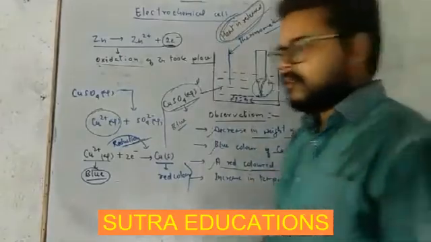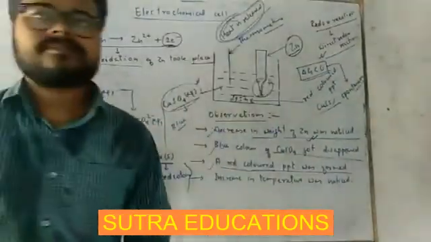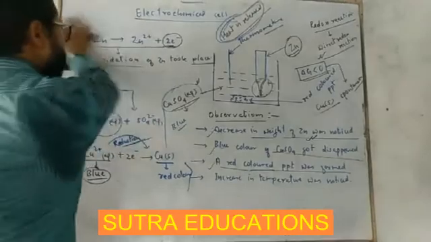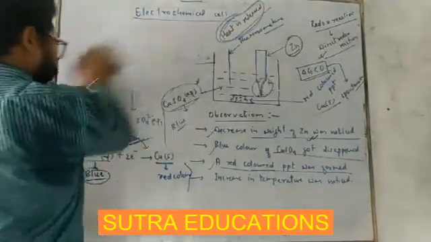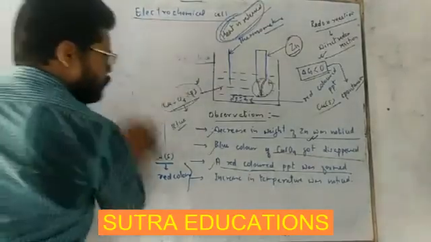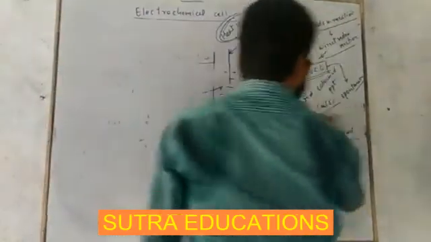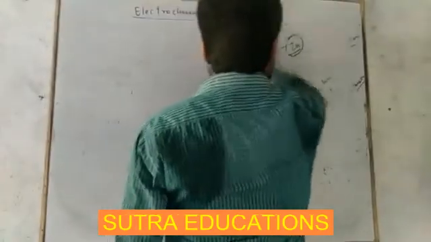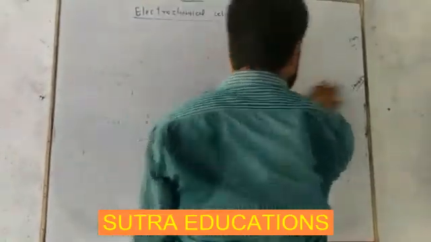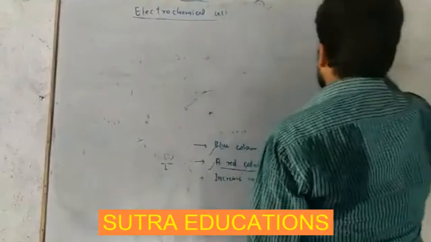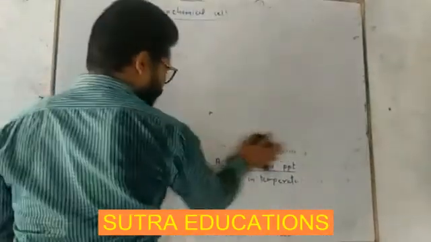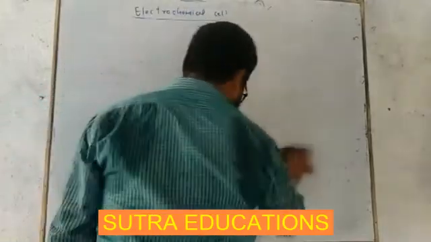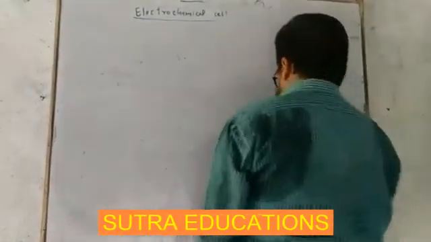How? Just try to understand. At first, what is an electrochemical cell? It is also called a galvanic cell, and it is also called a voltaic cell.